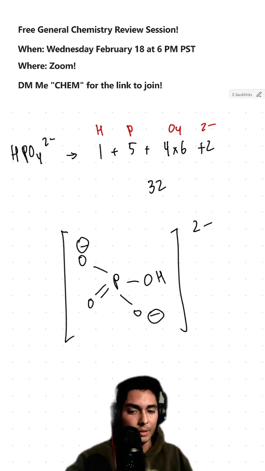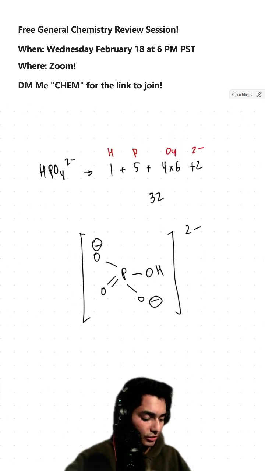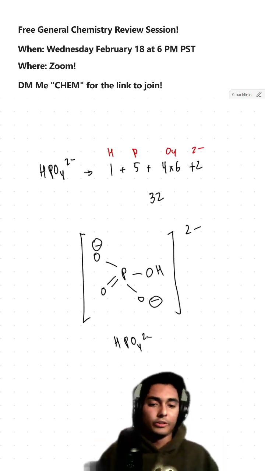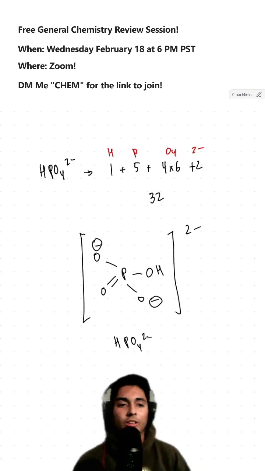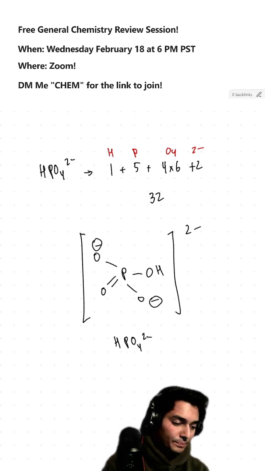I just put one of my OHs on my oxygen here. Okay, that's one of my derivatives of phosphate. Phosphate is going to be found in the cell, in the phospholipid bilayer.